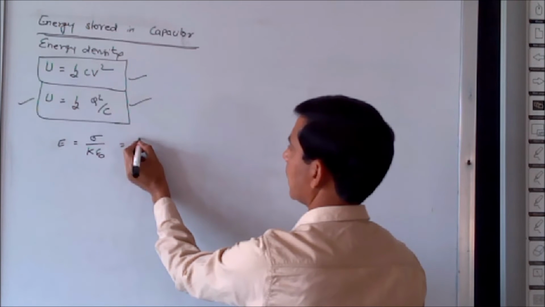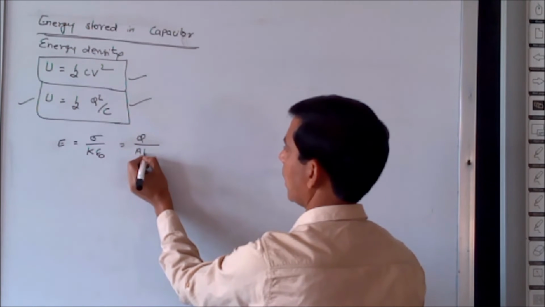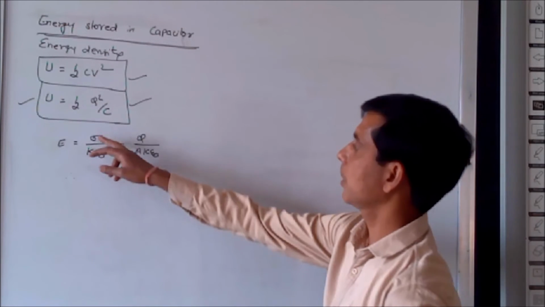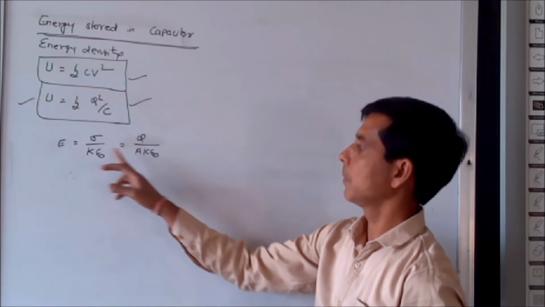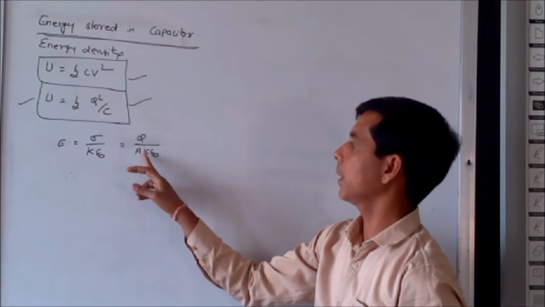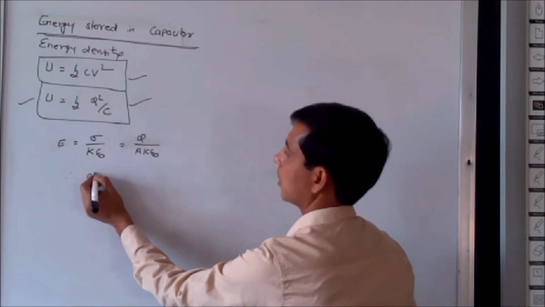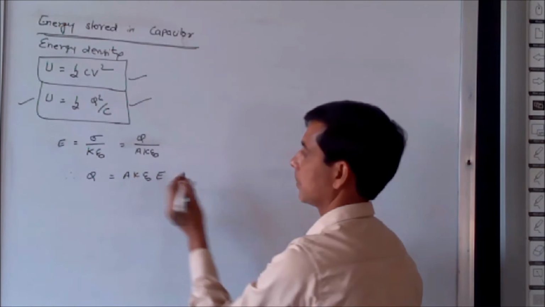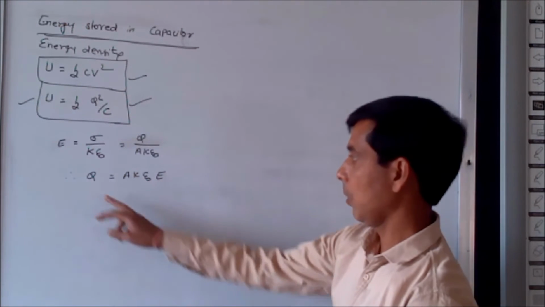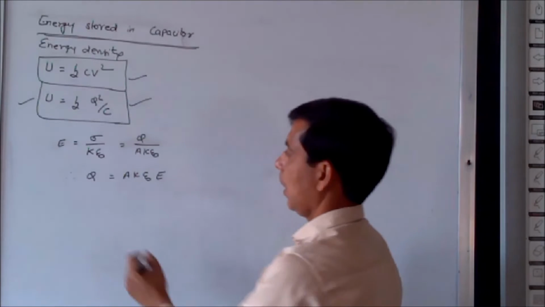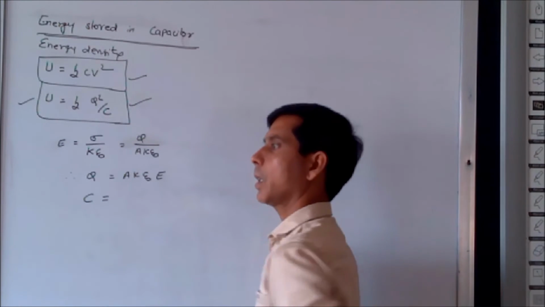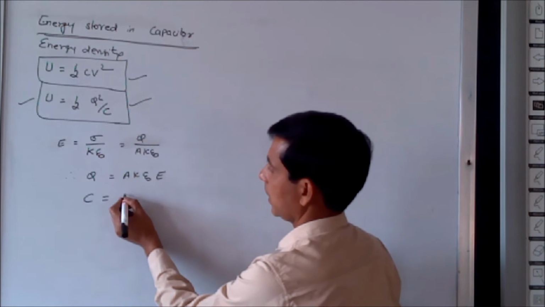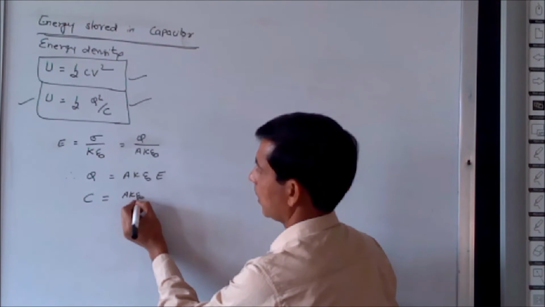Here sigma can be written as q by A, that means E equals q upon A k epsilon naught. So q will be equal to A k epsilon naught E. It is the value of q. And in a parallel plate capacitor we know that capacity is A k epsilon naught by d.